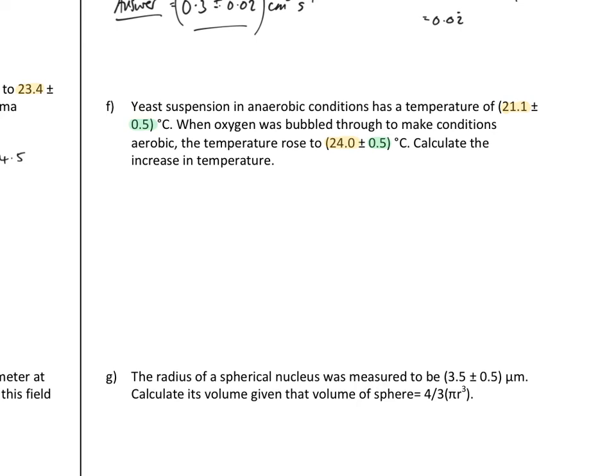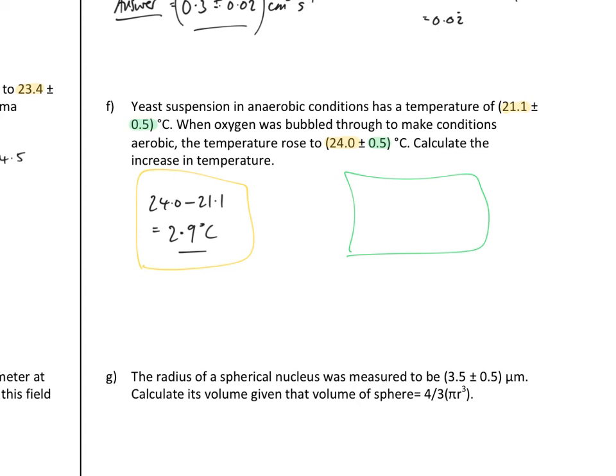The increase is 24.0 minus 21.1, which equals 2.9 degrees C. I encourage you to write stuff down, because it's easy to pick the wrong numbers. It's why I'm highlighting them in yellow. So that's my yellow calculation. Now I'm going to do my green calculation, which is the rest.